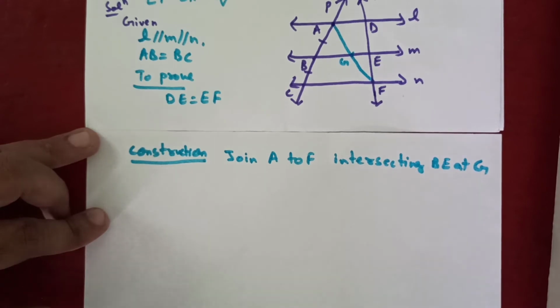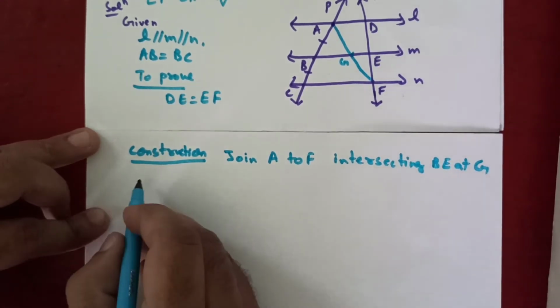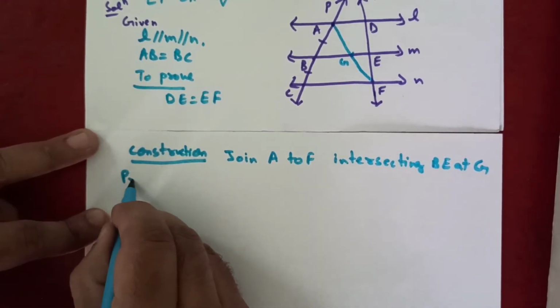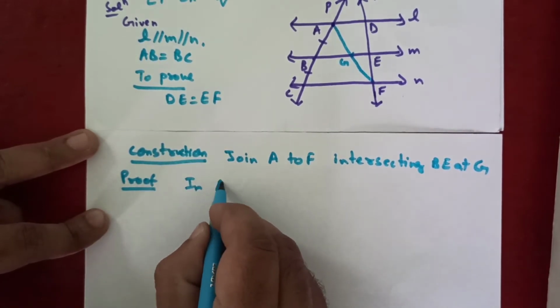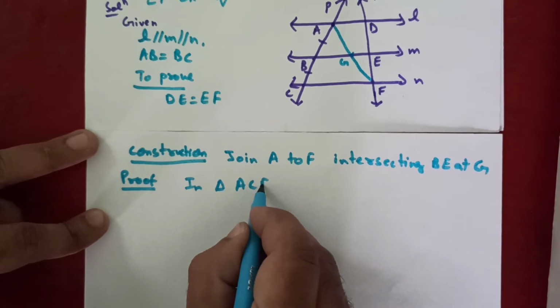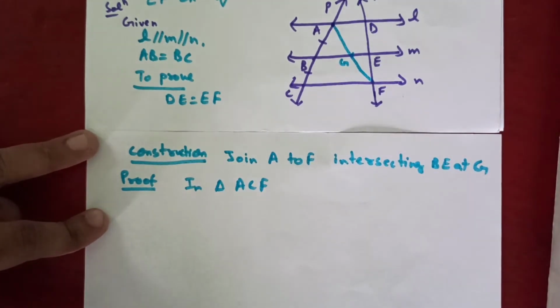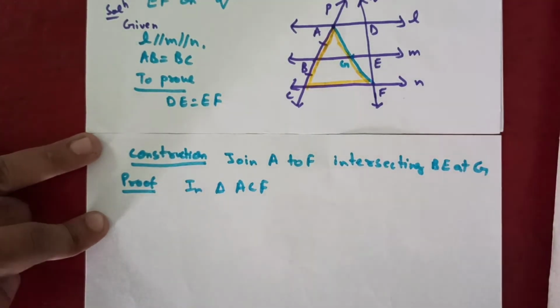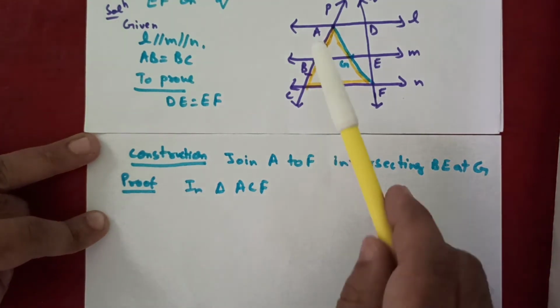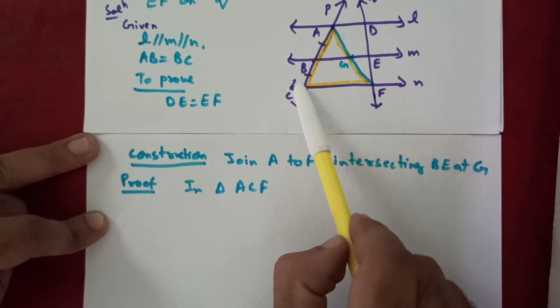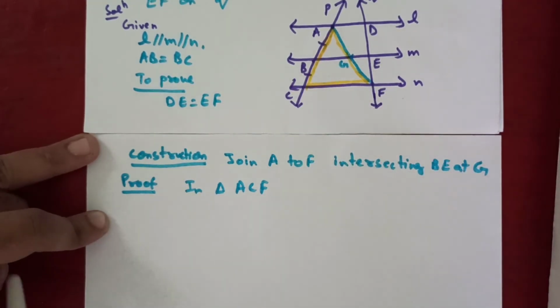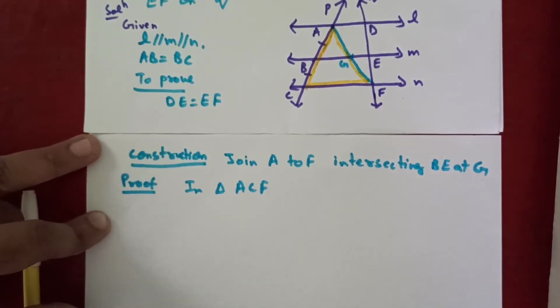Now we will start with the proof. In the triangle ACF, this triangle ACF, we are considering triangle ACF.